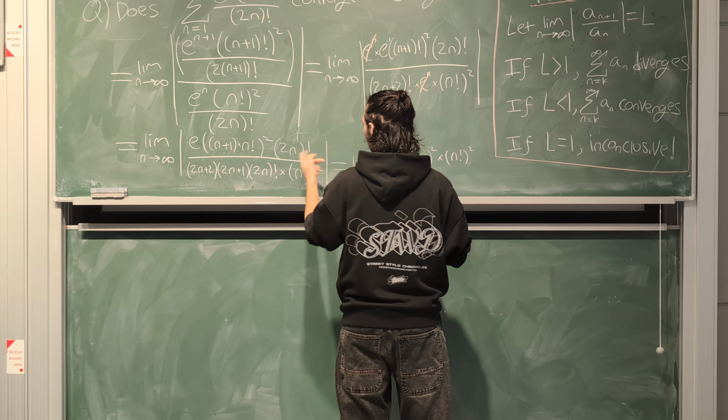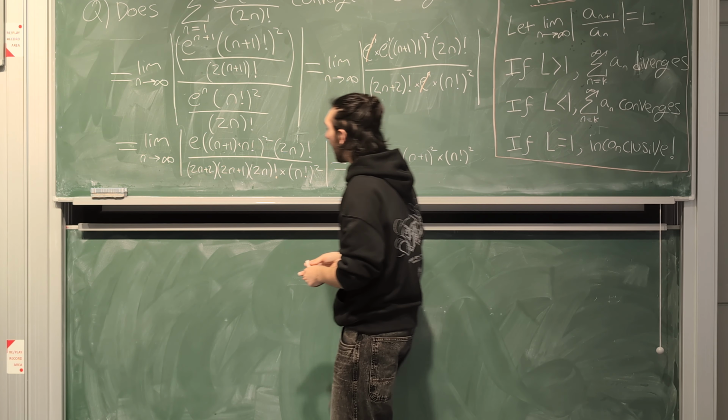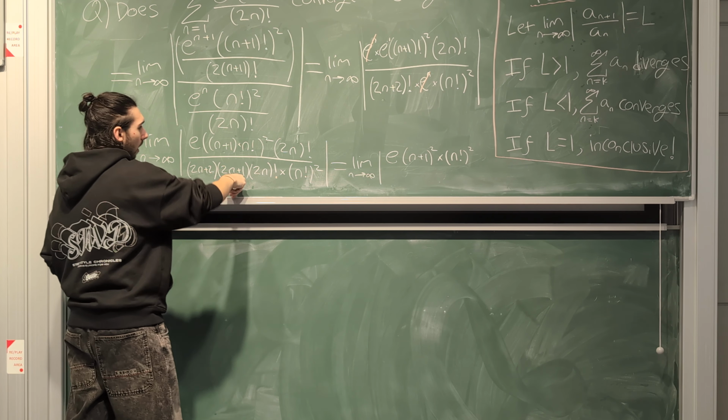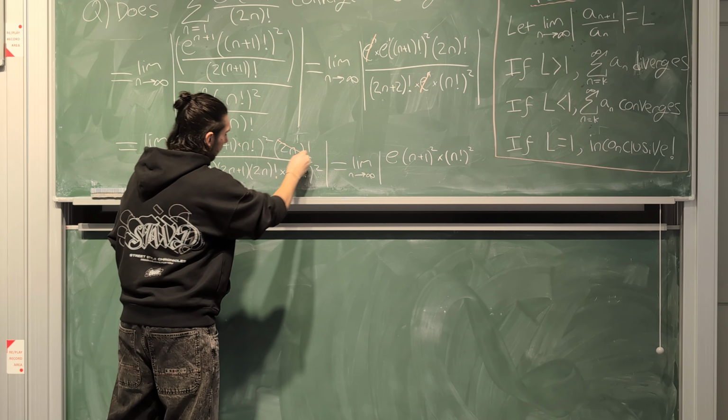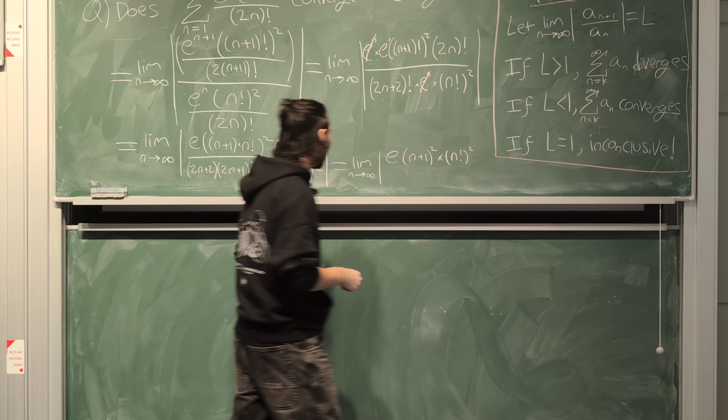Okay, and then there's still a 2n factorial there, which we'll simplify right now actually. Let's just cancel these out right now because we can. So that and that are gone. So the 2n factorials, they're gone, just to keep it nice and clean here.